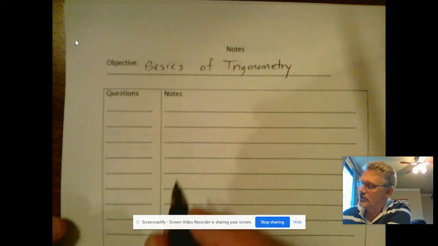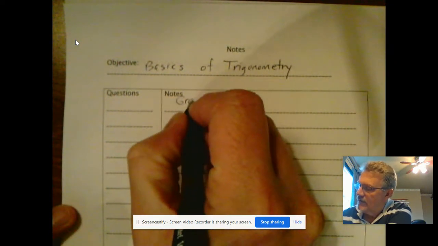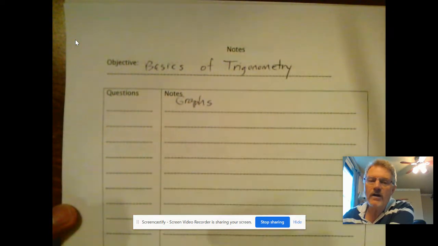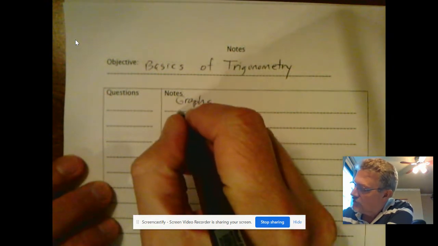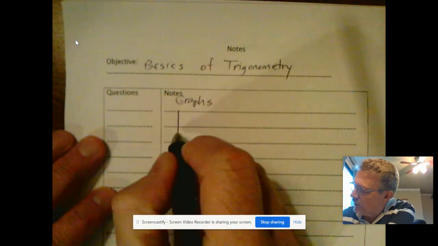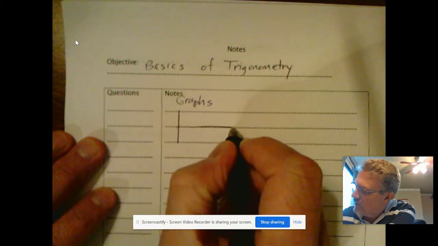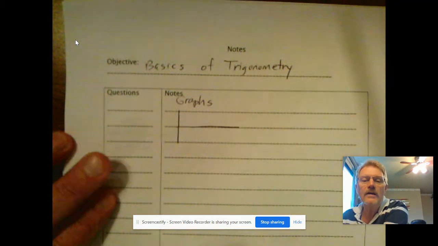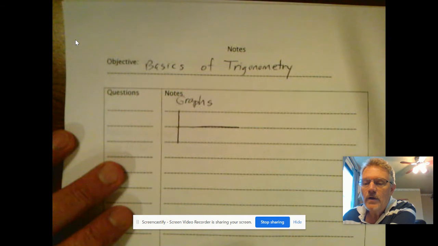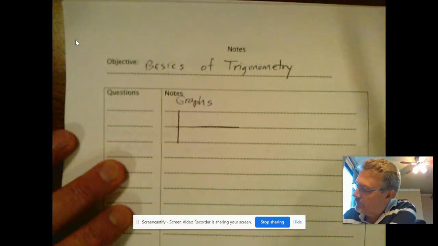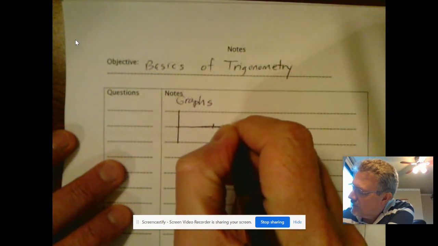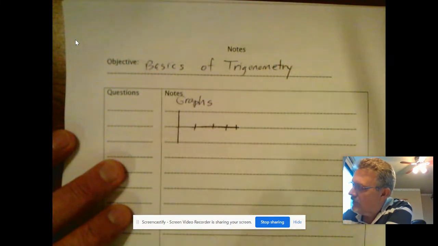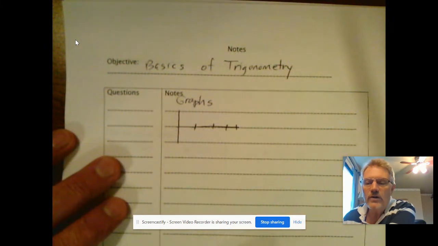All right, so the first group. We're talking about the main graphs for the trig functions. For the first one, we're looking at this portion of the coordinate plane, and we're going to split our x-axis into 4 equal parts.